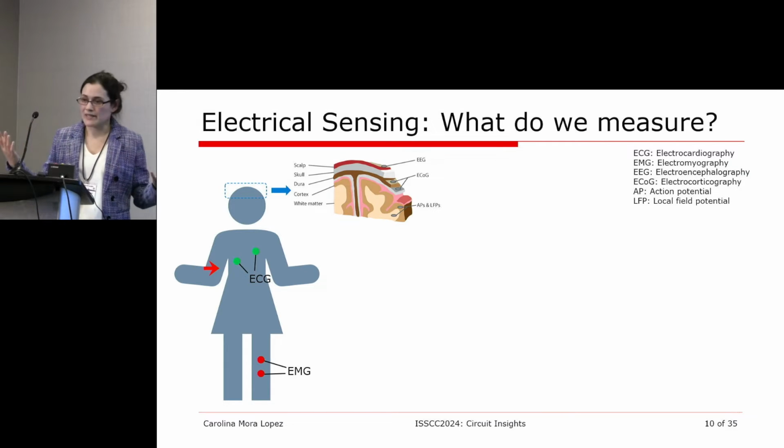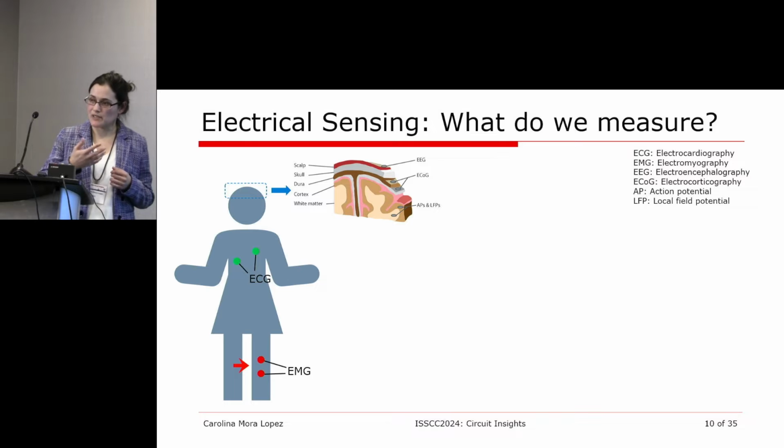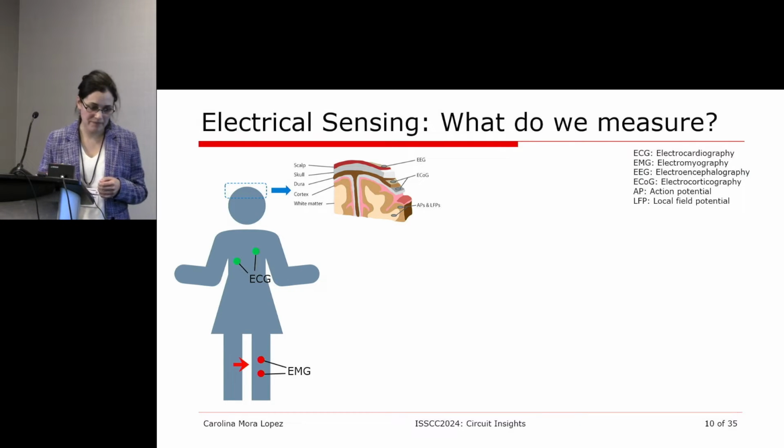And it's a very well-established technique, not only for medical devices, but also for consumer electronics. We can also have electrodes that are inserted in the muscles in order to read electrical signals that are normally triggered by the nerve stimulation of this muscle. And this technique is called electromyography.